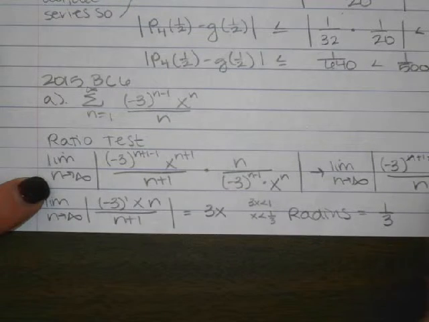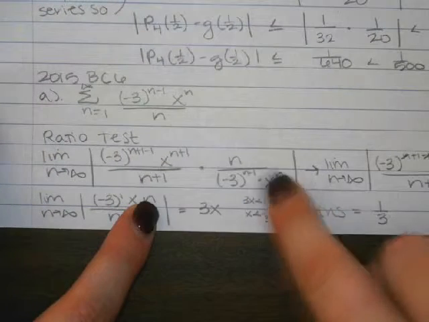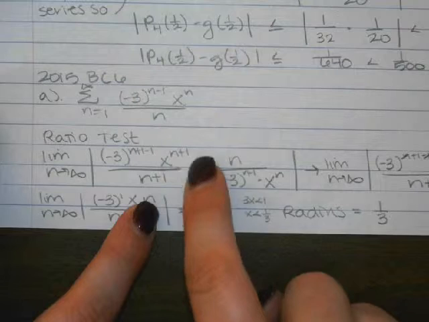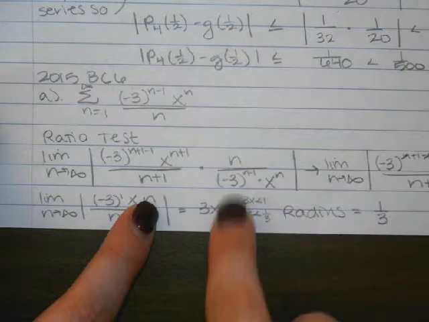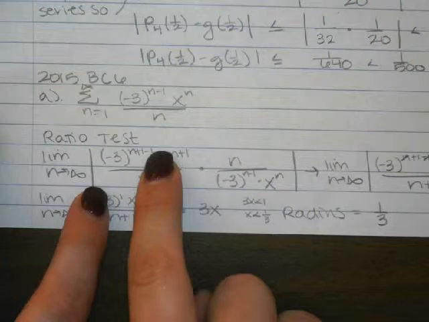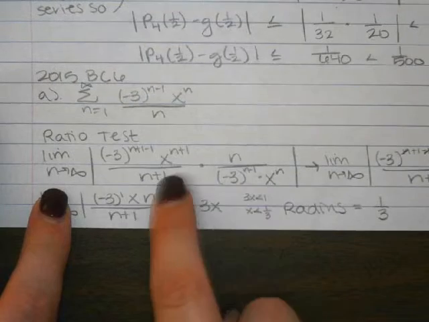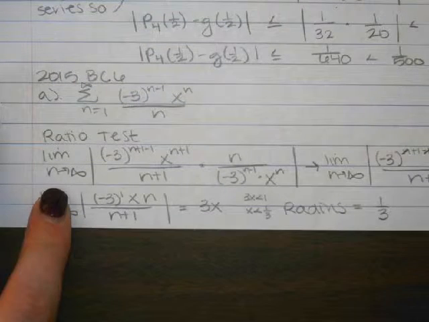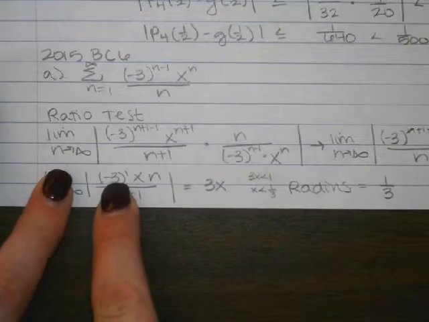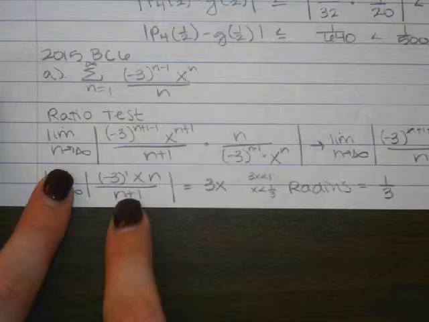So I started with this, and then I knew that the x to the n and this x to the n would cancel and leave x to the 1. I knew that this negative 3 to the n minus 1 would cancel with that n minus 1 and leave negative 3 to the 1. And then the n and the n plus 1 I can't cancel because they're not the same. You have to leave them. So I said negative 3 to the 1, x to the 1 times n over n plus 1.